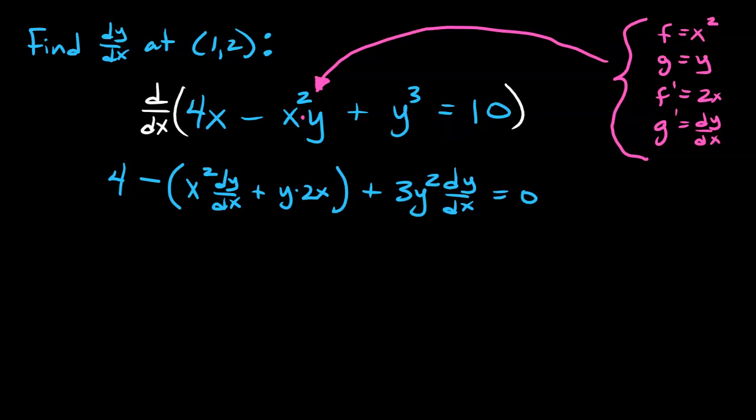Because you have variables being multiplied, we have to use the product rule. It's not a big product rule, it's just the fact that it's different variables, so it feels weird. Especially g prime: the derivative of y is going to be 1 dy/dx.